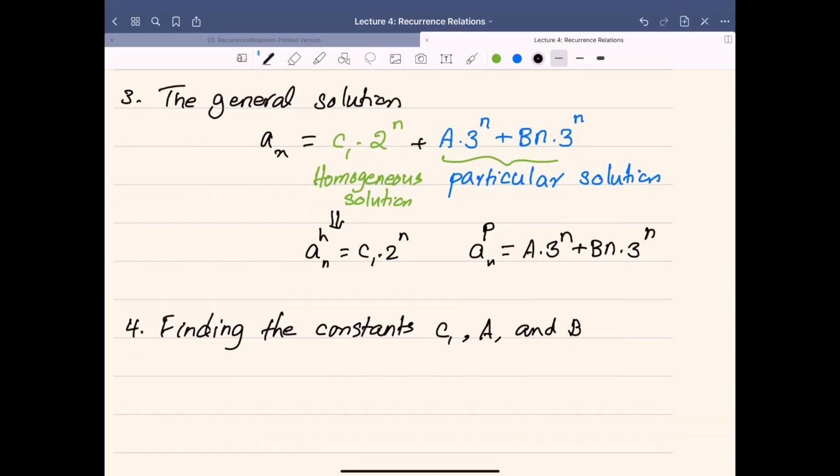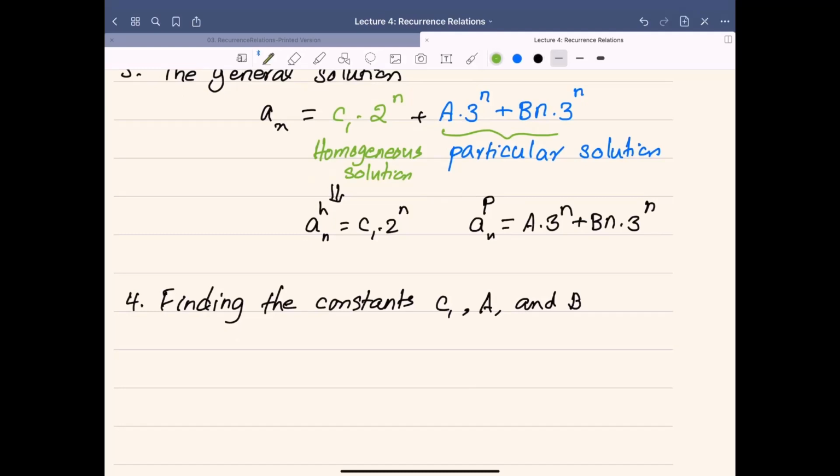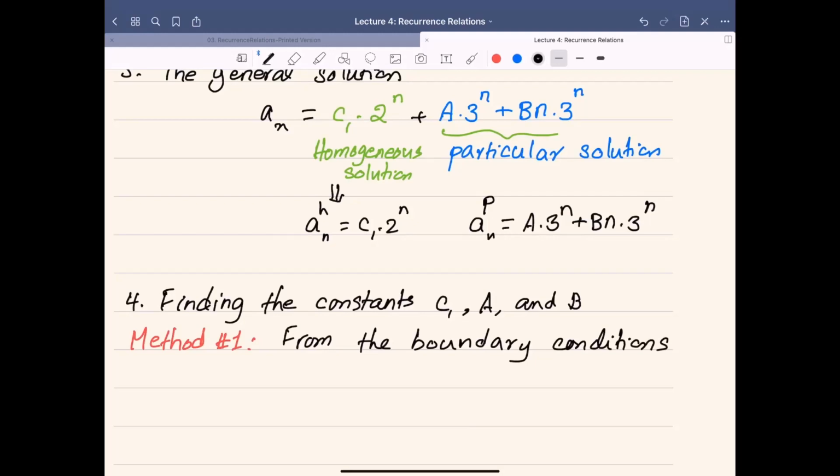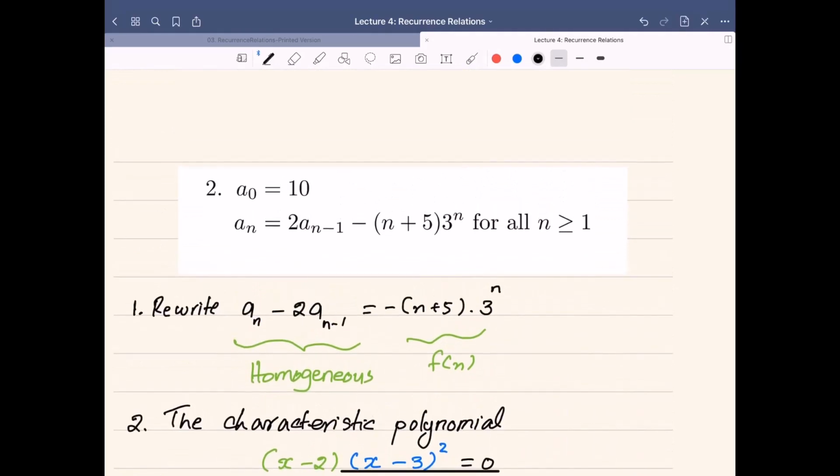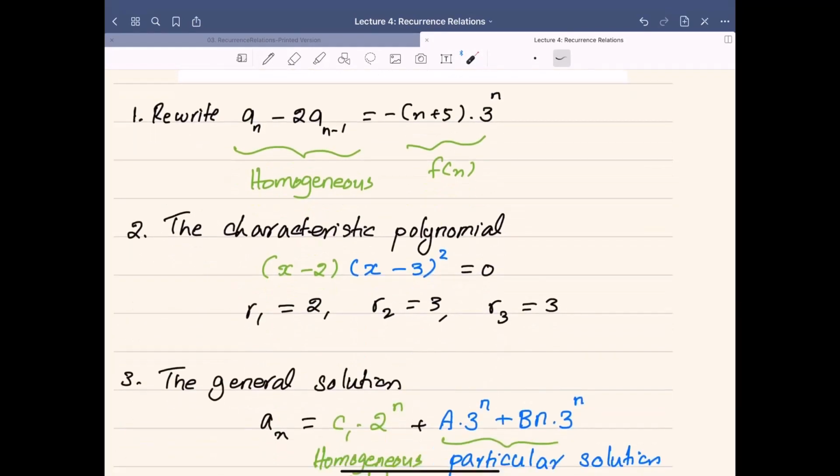And we will find them in method number 1, from the boundary conditions. So we have 3 constants, so we need 3 boundary conditions. We are given only one, the initial value, so we need 2 more. So we need a1 and we need a2 from this equation.